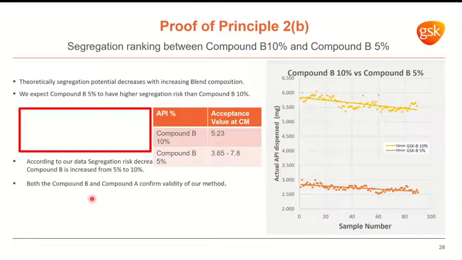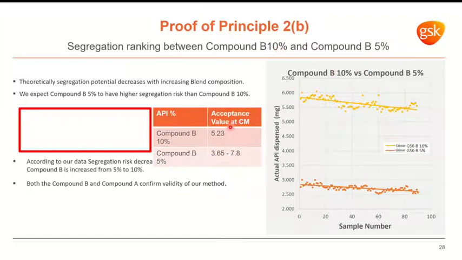So we did a proof of principle study 2B, the same thing as before, but we changed the compound. From compound A, we jumped onto compound B, which is a different kind of API, and we have compound B 10% and compound B 5%. Here again, we expect compound B 10% to show less segregation than compound B 5%. Because remember, the lower the percentage of API in the blend, the higher the segregation risk from a theoretical framework.